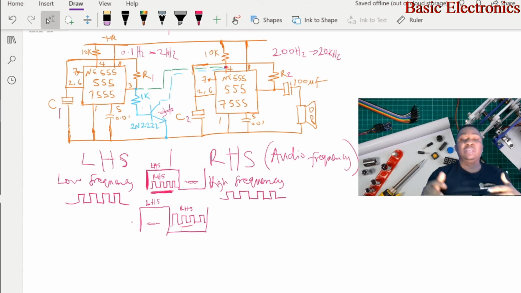We'll try to squeeze it in earlier if time permits, but if not, in 3 weeks' time we're going to be looking at how to draw electronic circuit diagrams. Very keen and important, and it will also help you in reading electronic circuits.